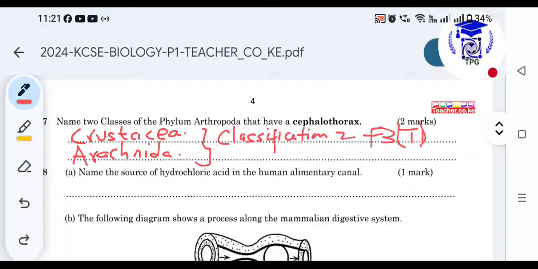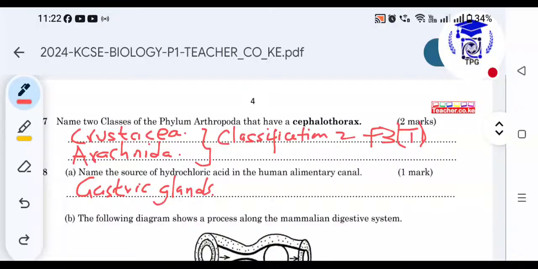Name the source of hydrochloric acid in the human alimentary canal. So where does this hydrochloric acid come from? The hydrochloric acid comes from the gastric glands. It is the gastric glands that release the hydrochloric acid.